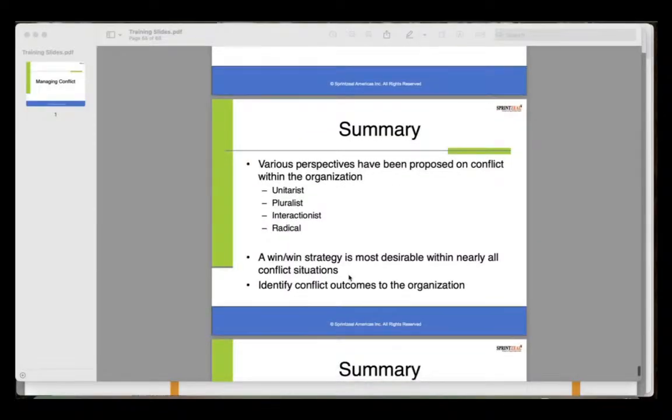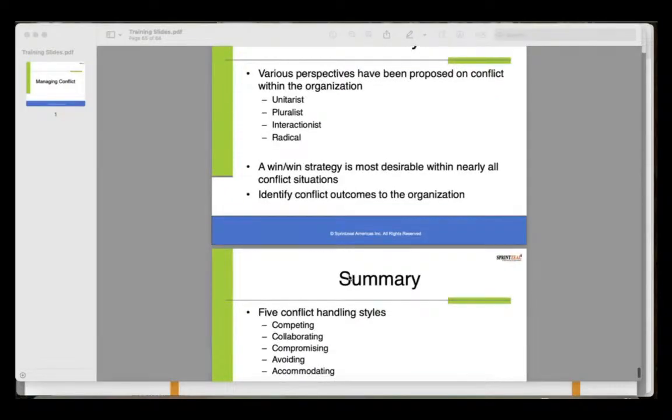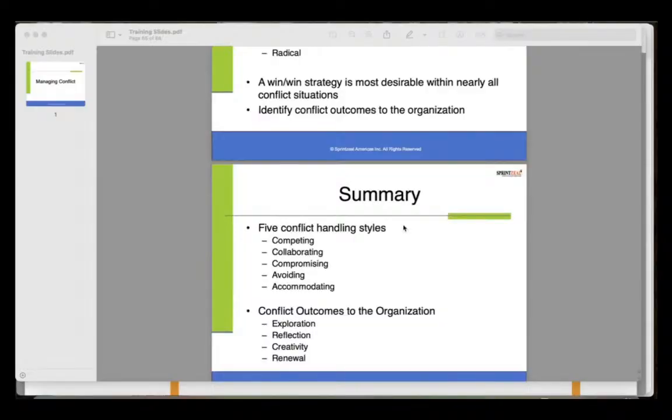After that, a win-win strategy is most desirable within nearly all conflict situations. We identified conflict outcomes to the organization. Then handling style. There are 5 handling styles that we have discussed.